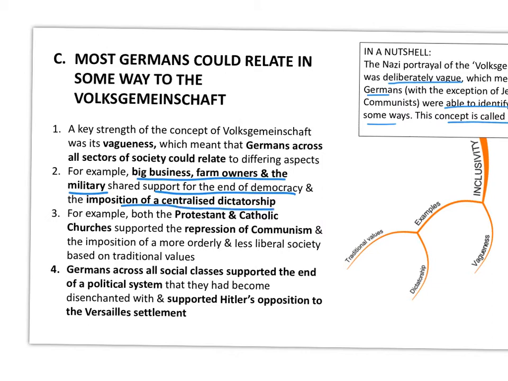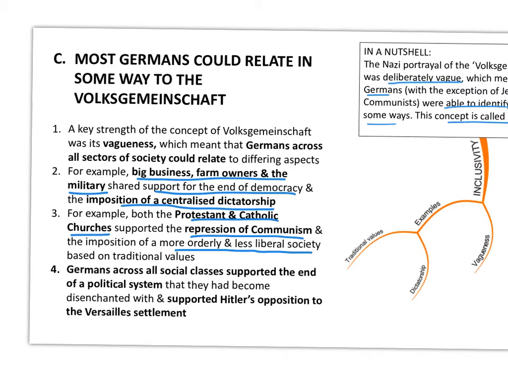For a centralised dictatorship. We'll look at the Protestant and the Catholic churches not next lesson, but the one after. But they basically, both Protestants and Catholics, supported the crushing of communism. And the middle classes generally believed that Hitler was creating a more orderly society.